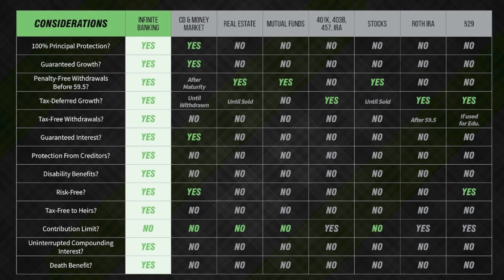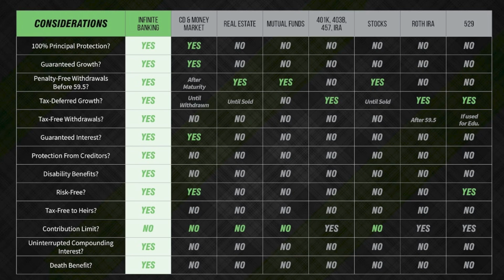And really pause this episode right here and go through the chart and see the considerations and differences between those different vehicles. Is it 100% principal protected? Is it guaranteed to grow? Are you allowed to take penalty-free withdrawals before age 59 and a half?